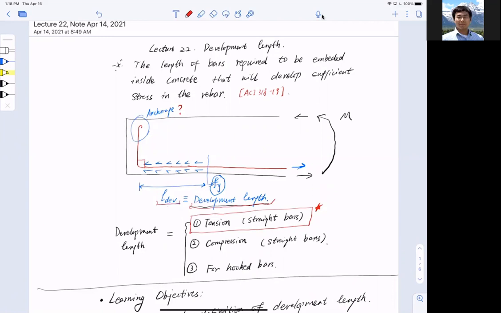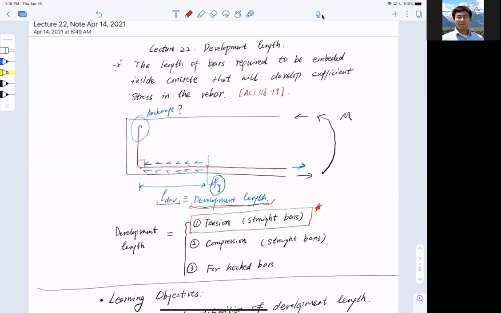If I have a bar embedded inside the concrete and being pulled away, yanked away from the concrete, I need some length to develop the stress in the bar. In short, that is the length it takes from zero stress in the steel to the yield strength of the steel, and that length is called the development length.